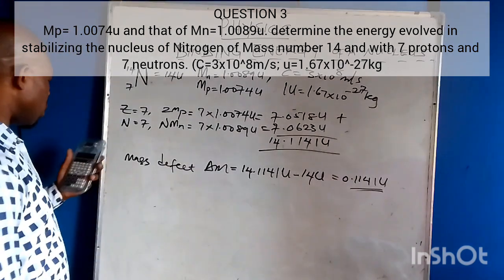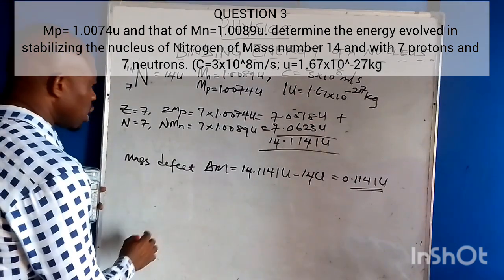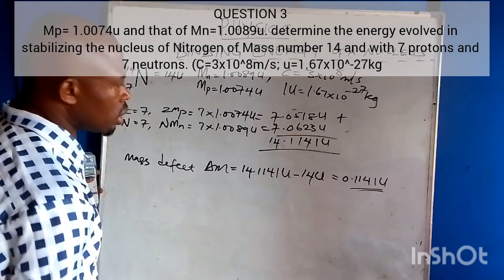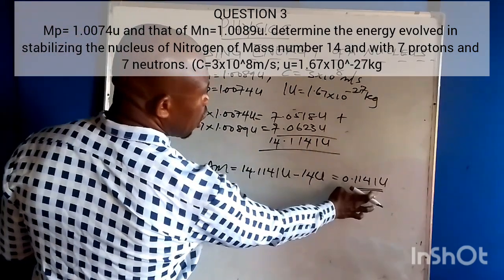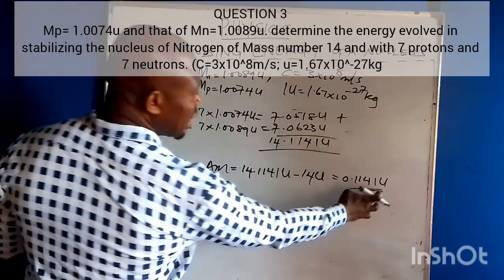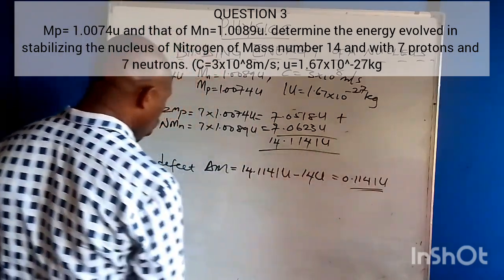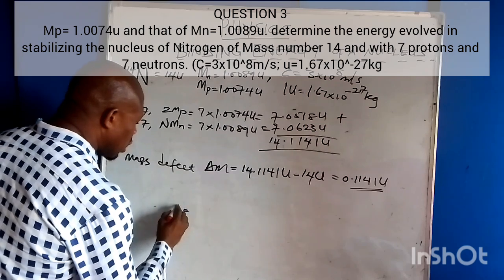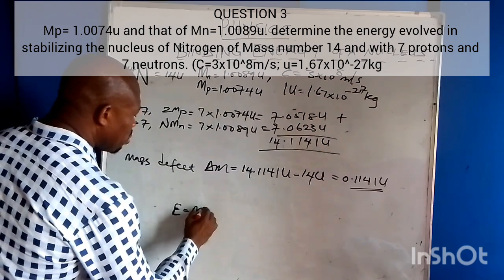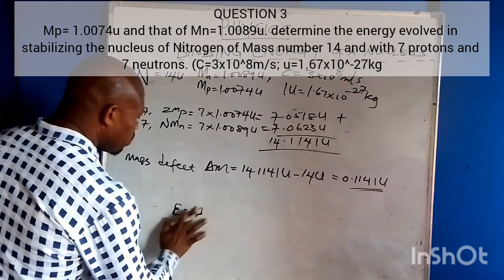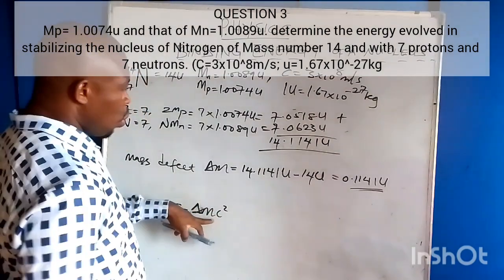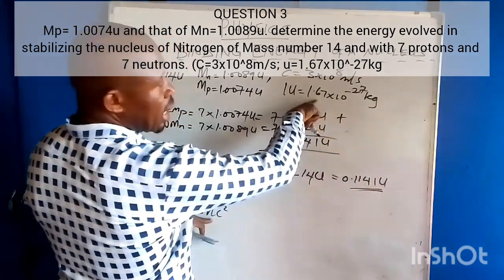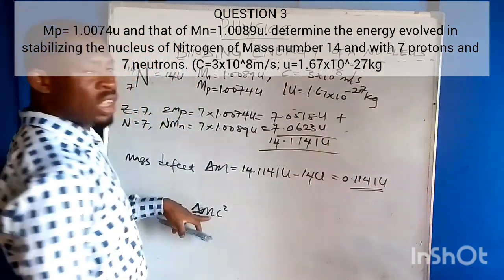Now, the energy released. At this point, we convert, because we are going to use energy released is equal to delta m c squared. Because this one is in U, that is why they gave us this, so that we can now convert it to mass.